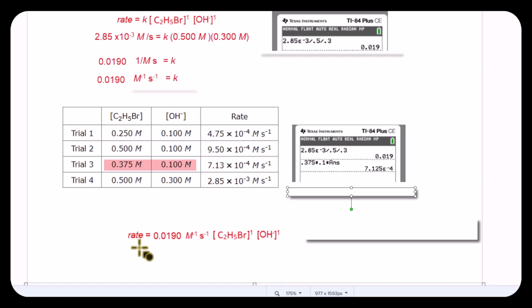This equation right here, the rate equal to this constant times the concentrations, will allow you to find out how fast the reaction is going, no matter how you do it, no matter what your concentrations are for this given temperature. You can confidently mix and say, hey, this is what's going to happen.